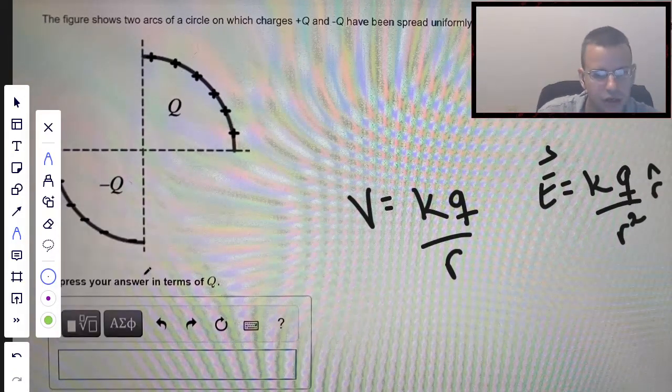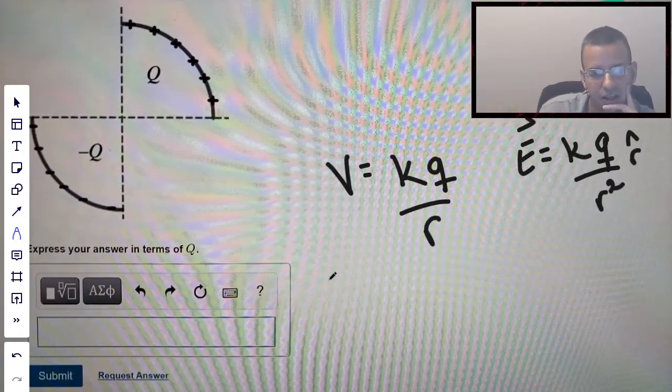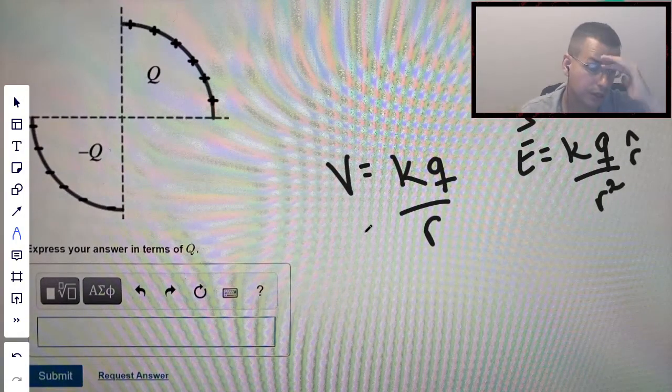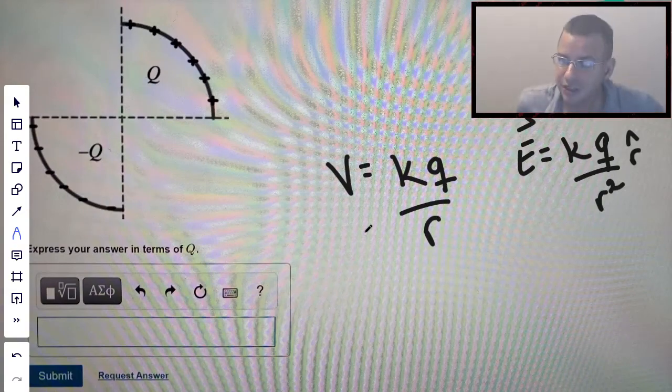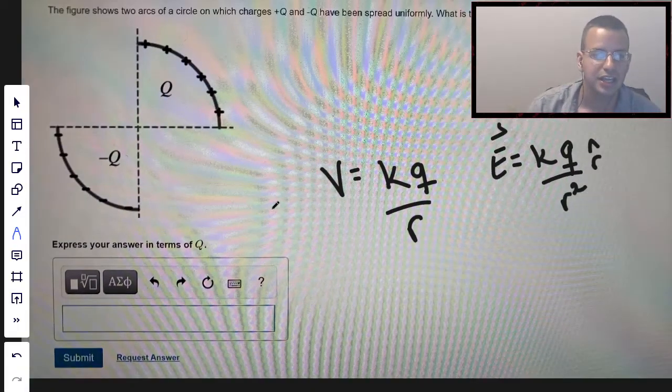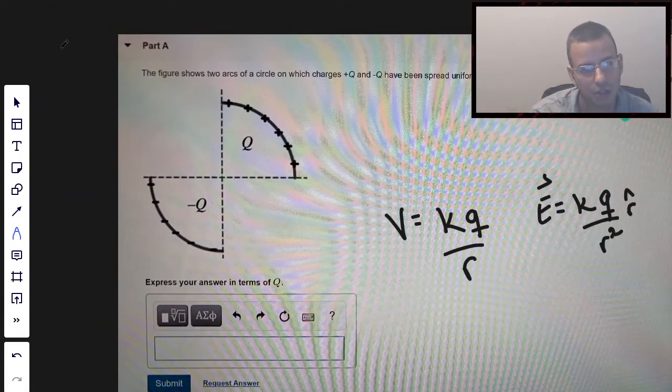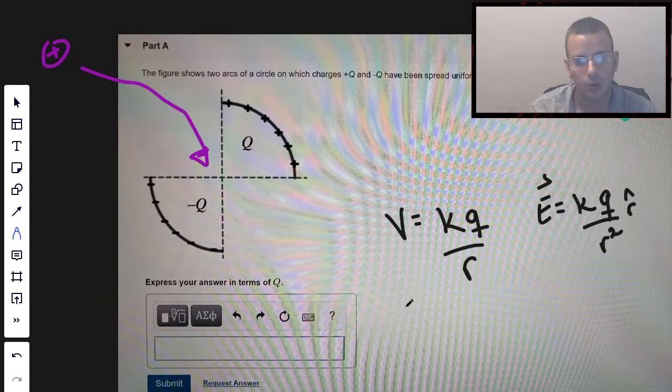So if we look at this potential right here, another equivalent definition is the energy required to take a positive point charge from infinity and move it here.